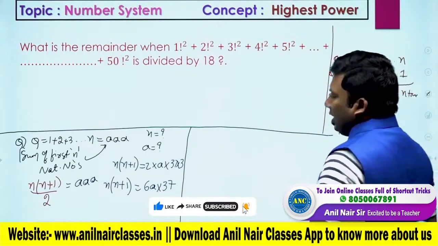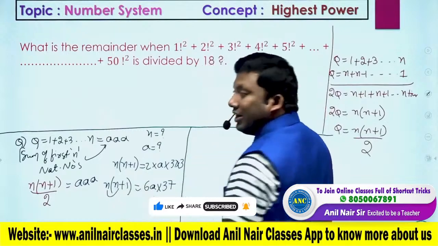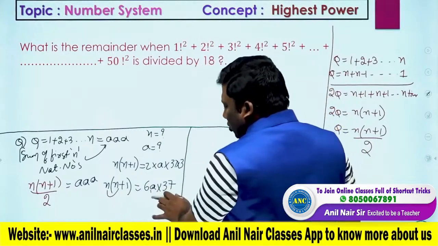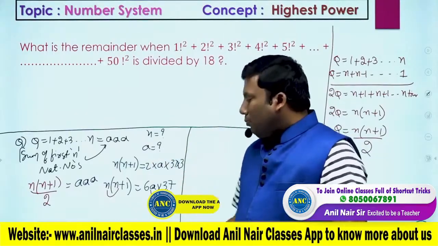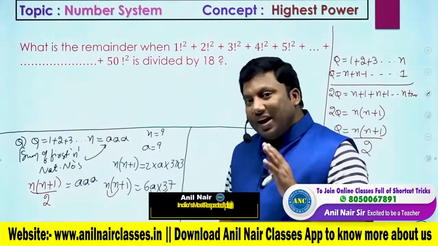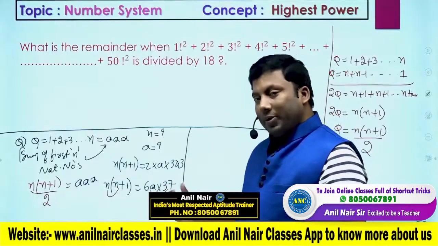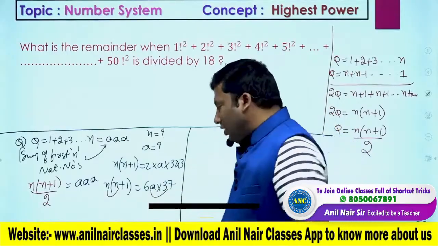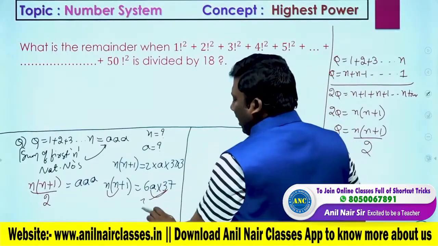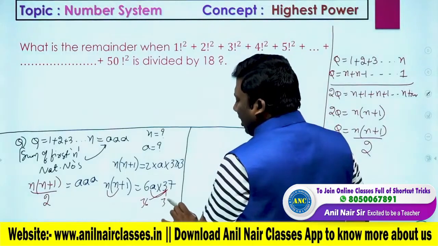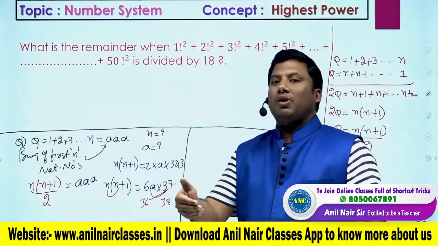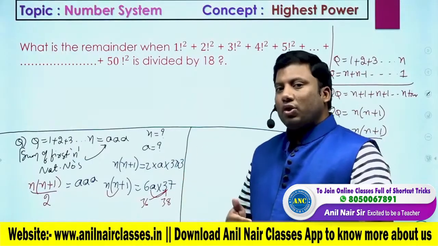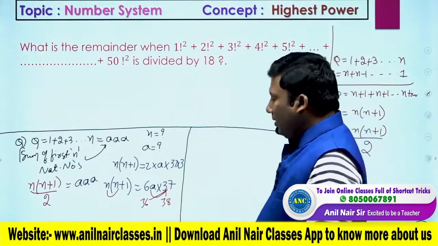Now, n and n plus 1 are consecutive numbers, so 6A and 37 should also be consecutive. What is the consecutive number to 37? Either 36 or 38. If 37 is the first number, the next is 38. If 36 is the first number, the next is 37.